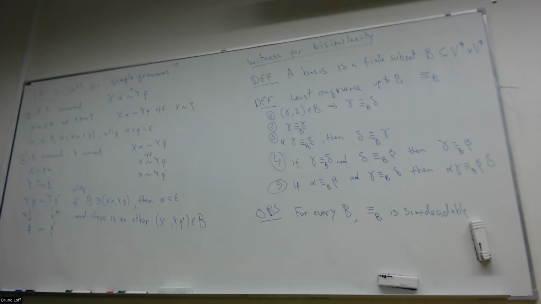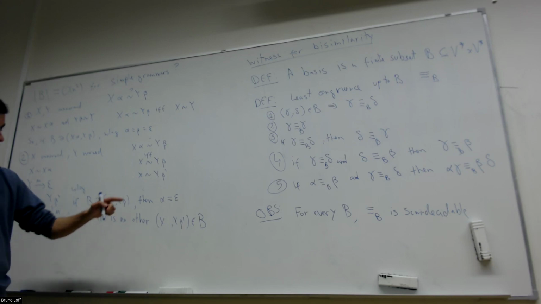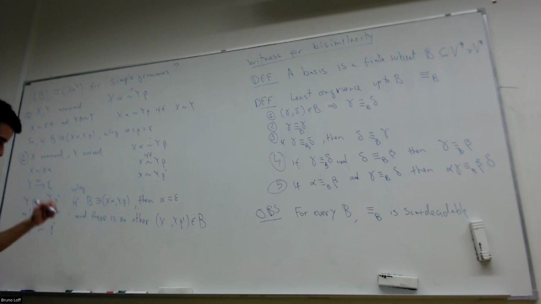You mean because of the bisimilarity relation introduced by B, this converse relation, just having x, y, beta there would be enough to get you x, y, beta prime. Yes, exactly. It's actually just using the congruence, okay?